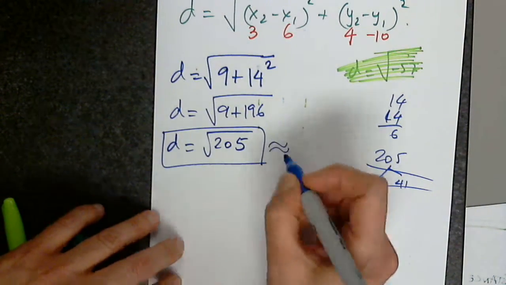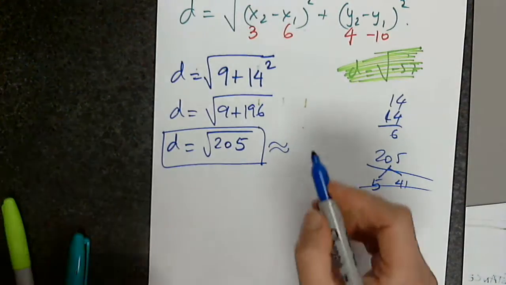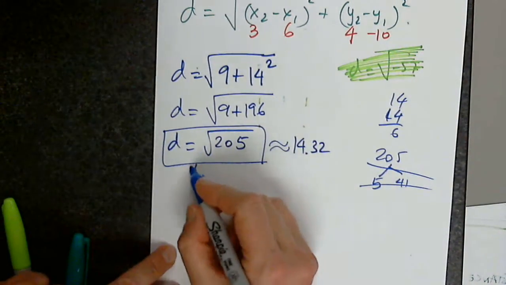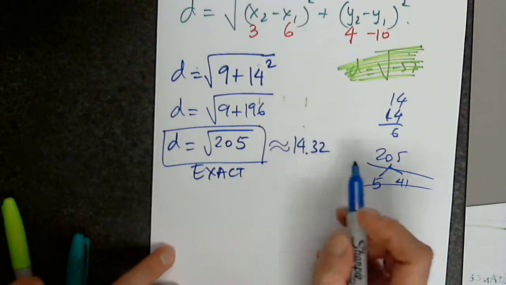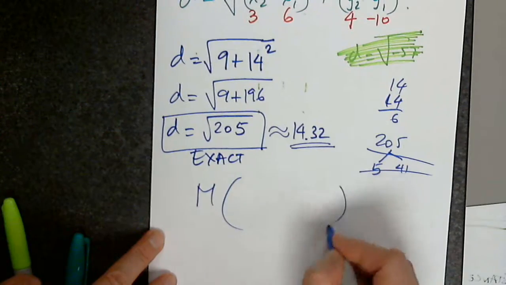If you want an approximation, you put it in the graphing calculator. You approximate the square root. I put in the square root of 205, and I get 14.32 approximately. But this is the exact. This is an approximation.